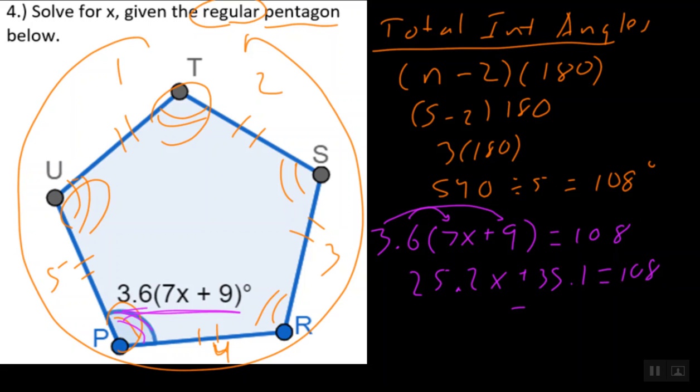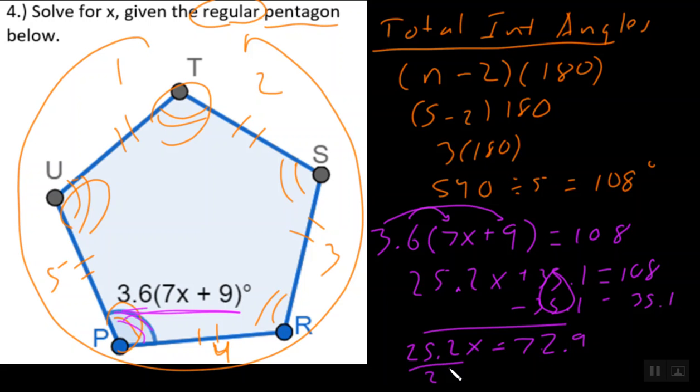Now, of course, we know we get rid of our addition next, and so we'll subtract 35.1 on both sides, and now we have 25.2x is equal to, let's see, 108 minus 35.1 will be 72.9. And from here, guys, of course, we divide both sides by 25.2, and we are going to get, let's see, oh, I'm sorry, guys.